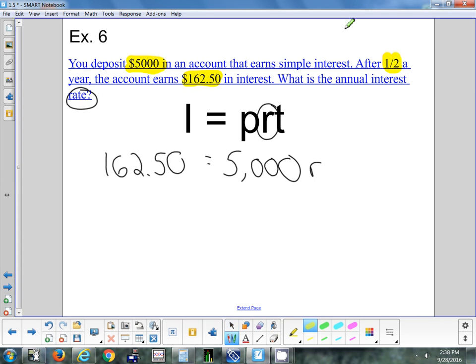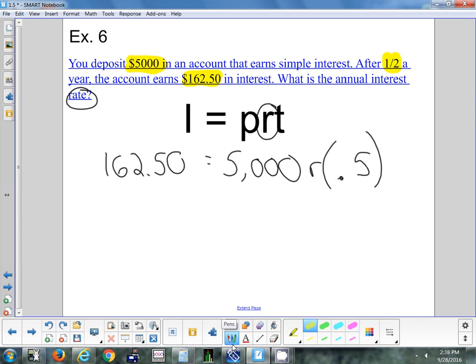What can I do on the right-hand side of that equal sign? Ashley, what do you think? Can you divide? Not divide, not yet. We gotta do one thing before we can divide. Look at those parentheses I have up there.